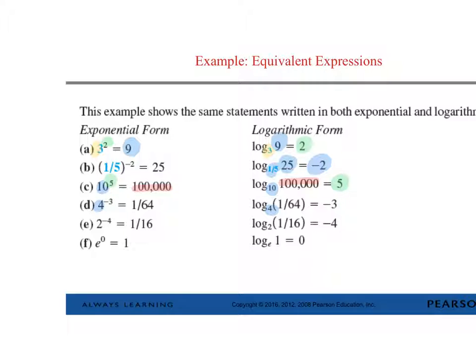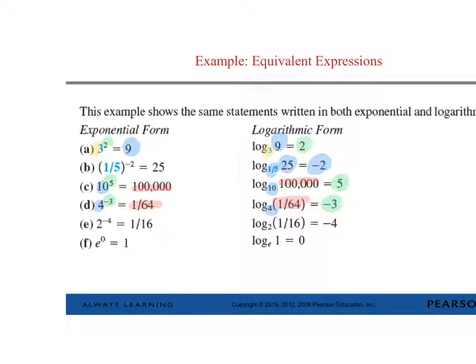Let's back that up there. The base is 4. The power is negative 3. And the result is 1/64. So the result is what you're actually taking the base 4 logarithm of to get the power.